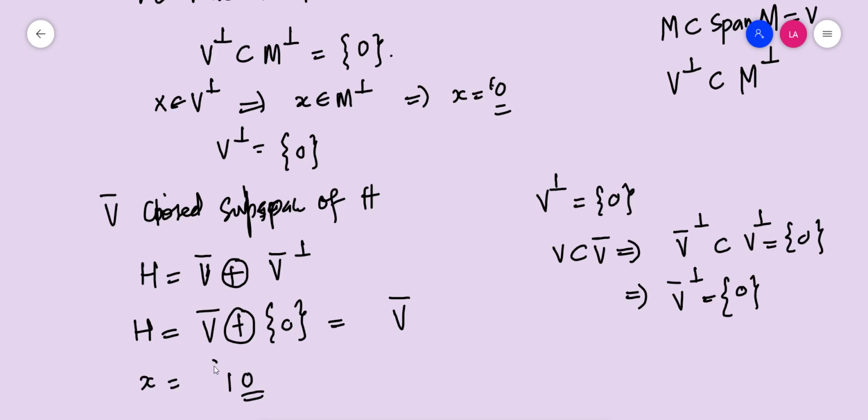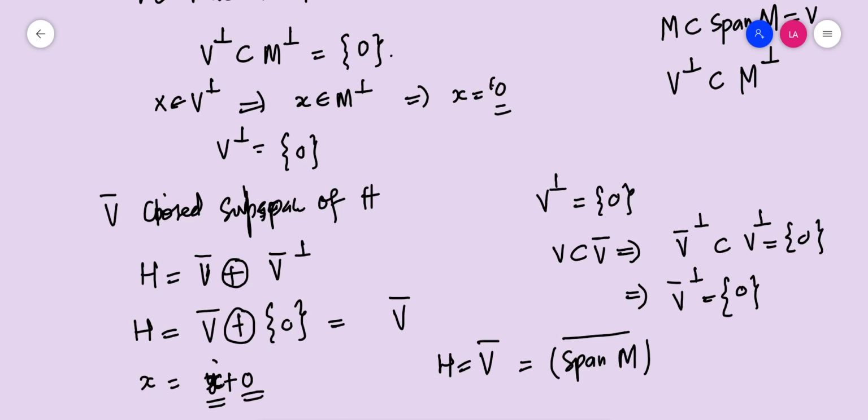If you take y as x, this is true for every vector space, so more correctly x is equal to x plus 0. So H is equal to V closure. Thus we have proved that H is equal to V closure, where V is span M, so H is equal to the closure of span M. That is, this space is dense in H.